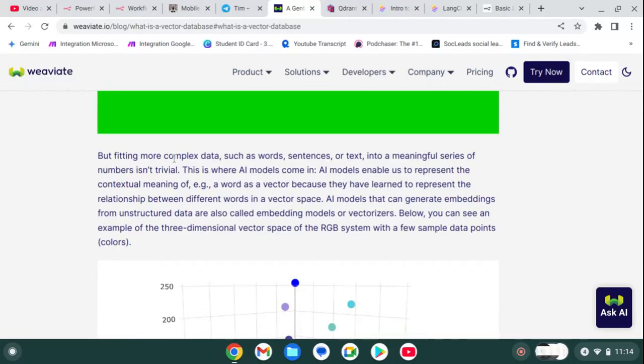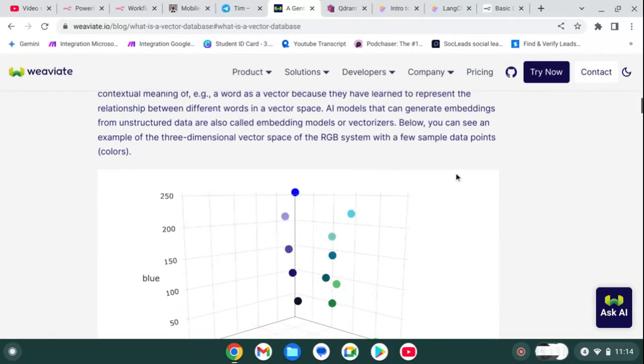A model that can generate embeddings from unstructured data is also called an embedding model or vectorizer. Below you can see an example of the three-dimensional vector space of the RGB system with a few sample data points.